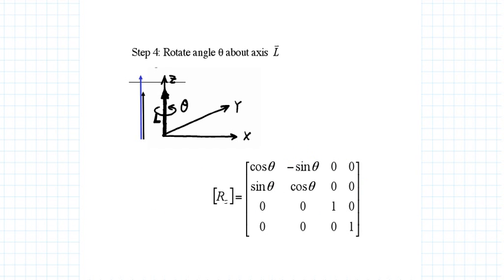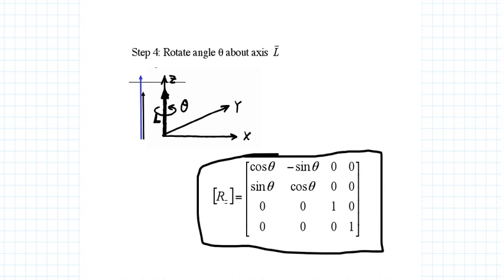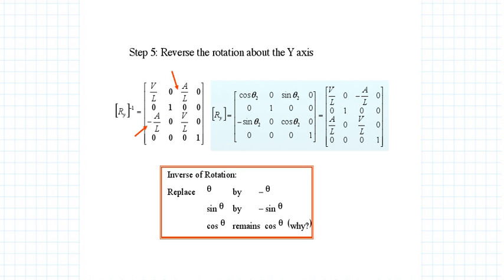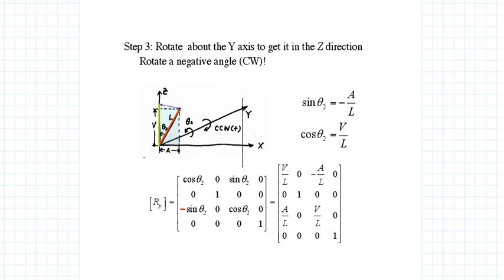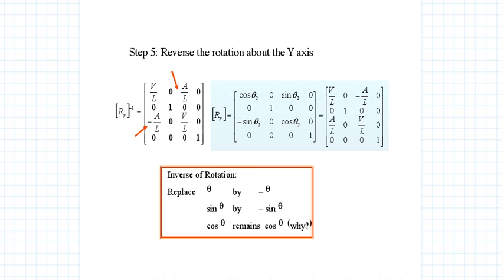Now the main rotation task is complete at step 4. Next task will be to reverse this rotation, in which we have aligned our arbitrary axis with the x-axis. For this, you need to rotate everything by an angle of minus theta 2. So this is going to be your rotation matrix.